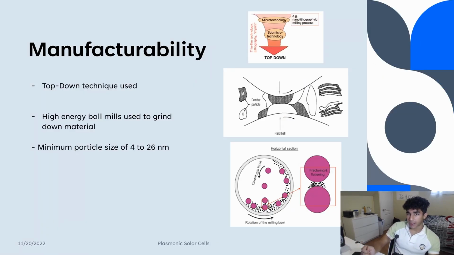For plasmonic solar cells, after doing some research, it seemed like the top-down approach for creating and manufacturing nanoparticles was the method of choice, which means you have big particles and you grind them down into nanoparticles.